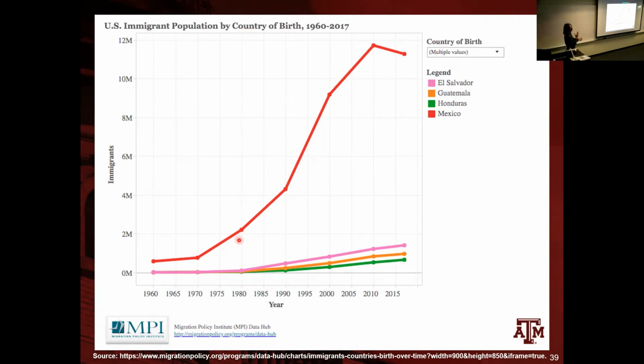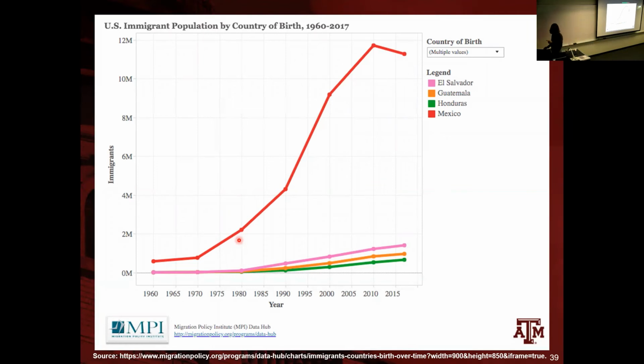This is not the flow. This is the stock, and it's how many immigrants are in the US in those specific years based on their country of birth from 1960 to 2017.